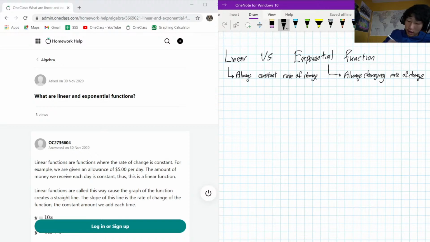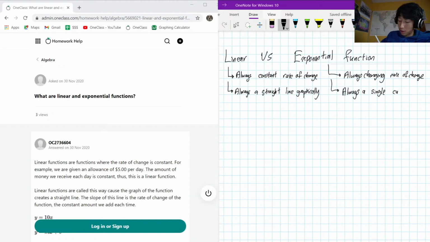For a linear, this is always going to be a straight line graphically, and this is always curvy, always a single curve graphically. Okay, so let's see some examples of these in action.